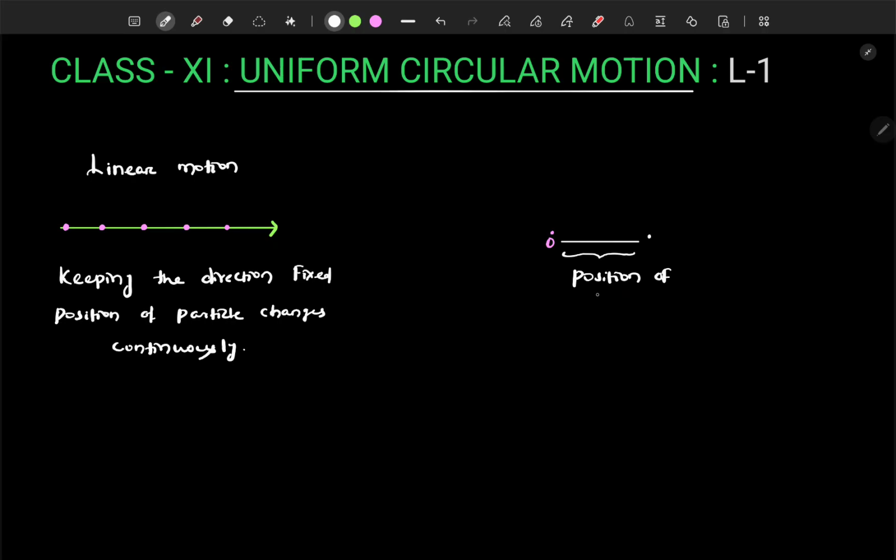Keeping the magnitude of the position fixed and changing the direction continuously, the path of the particle will be circular.